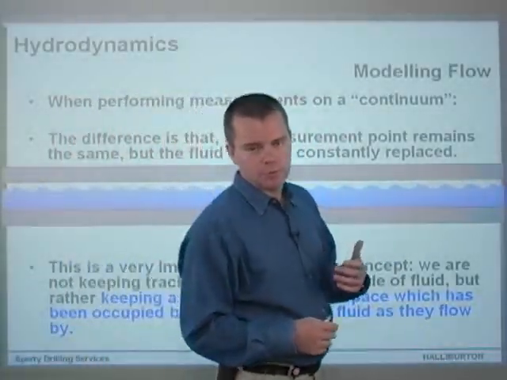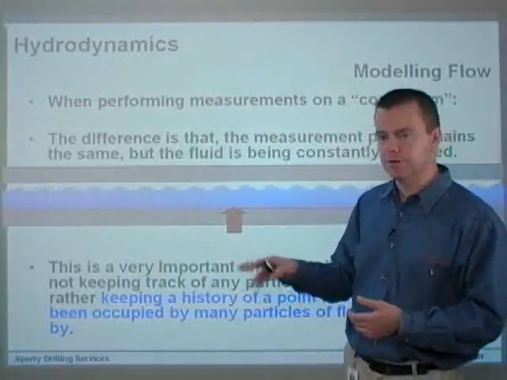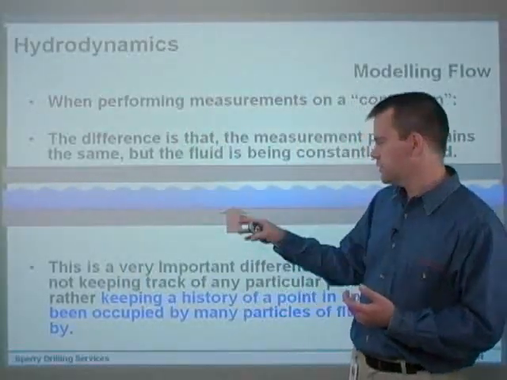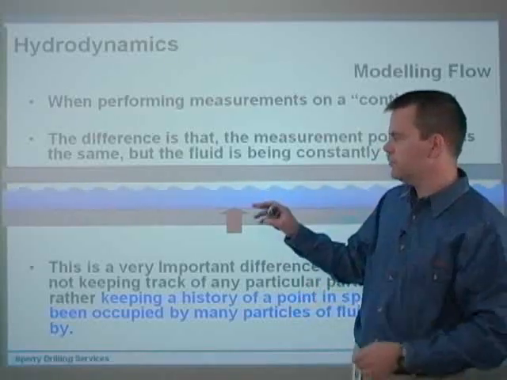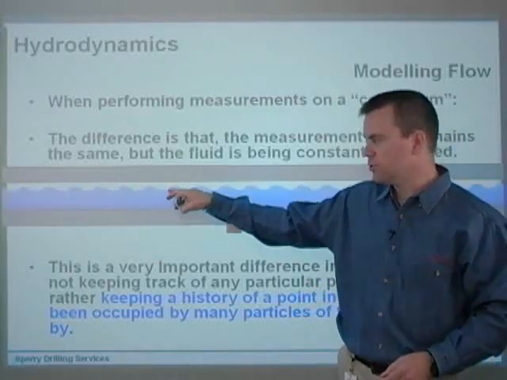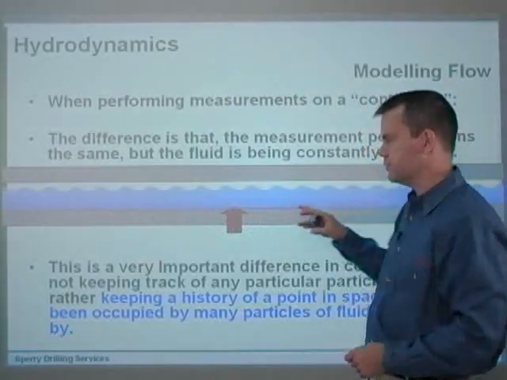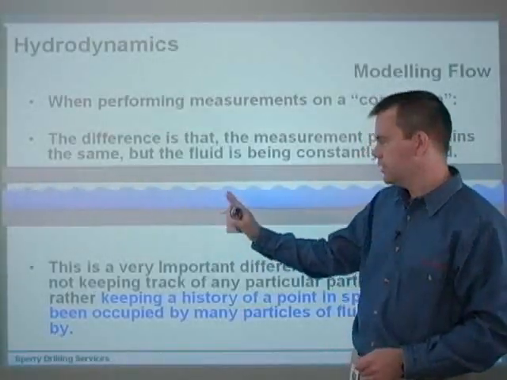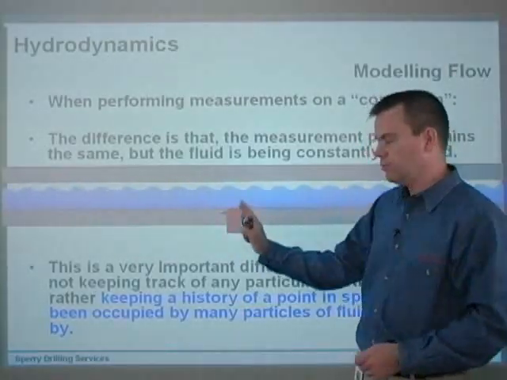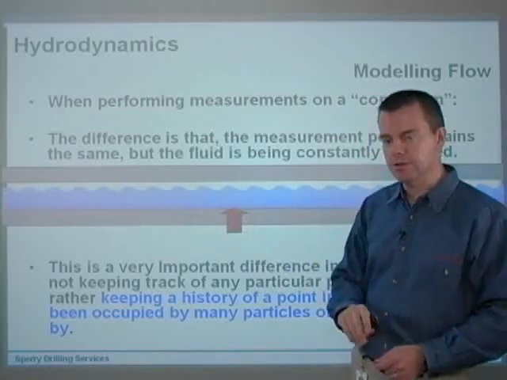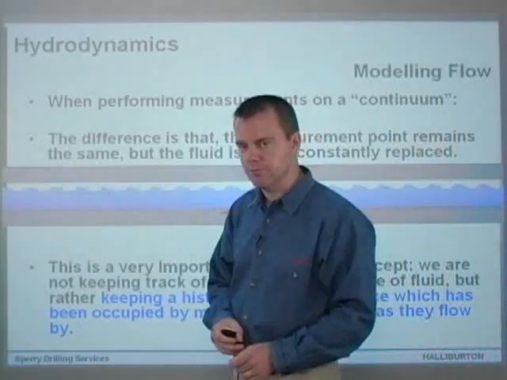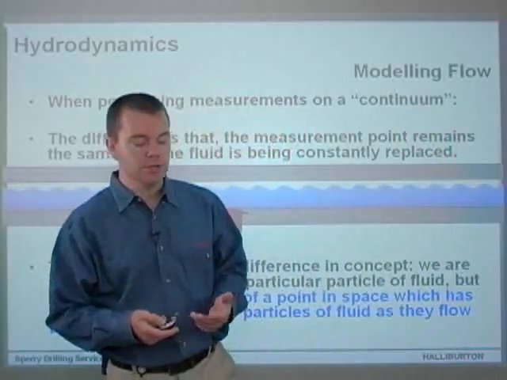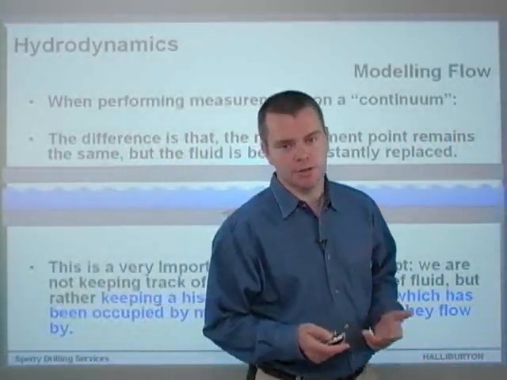And that point has been occupied by a whole number of particles as they flow by. So we're not measuring any particular particle in this fluid as it flows along. We're measuring the history of this point as the continuum moves by. So it's a completely different way of measuring, and therefore a completely different way of modeling.